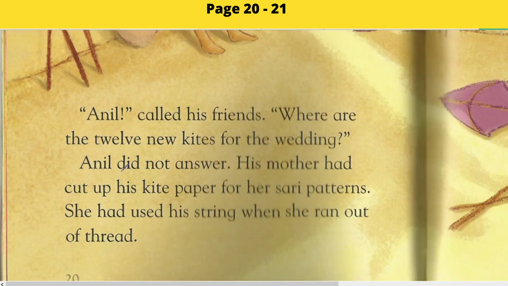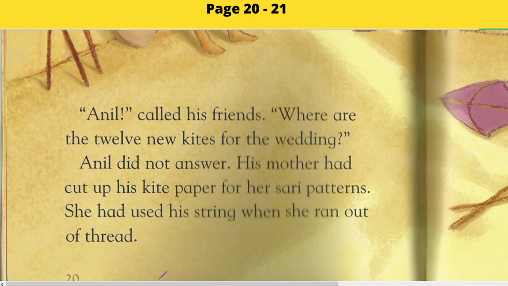Where are the 12 new kites for the wedding? Kawan dia tanya, mana layang-layang, 12 layang-layang tu? Anil did not answer. His mother had cut up his kite paper for her sari patterns. She had used his string when she ran out of thread.